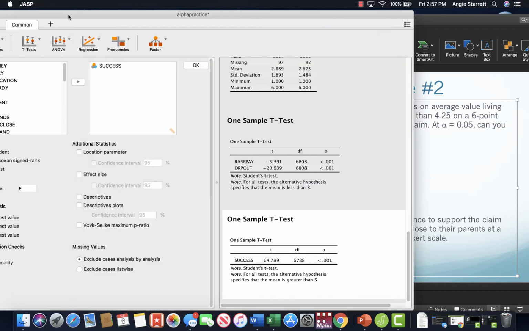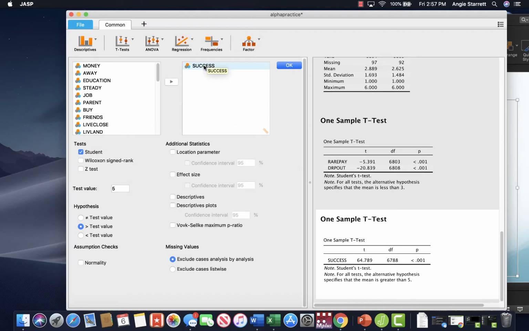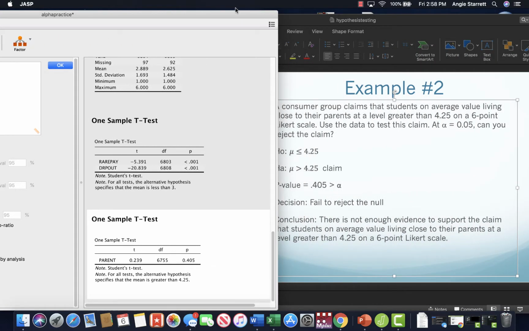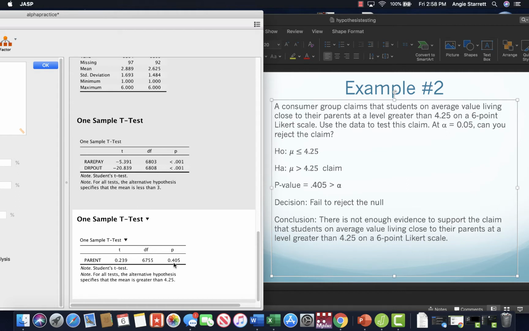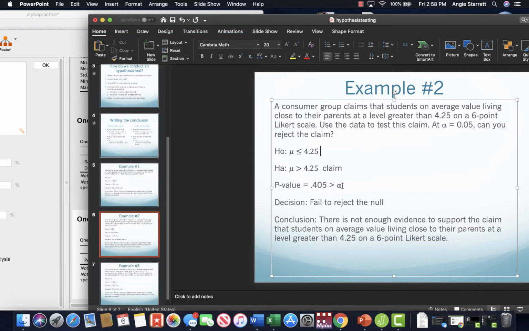So we go over to JASP, and we take success away. Now we're interested in the parents, and so we move them over. Our test value now is 4.25. We're still interested in greater than. And what we see is a p-value of 0.405. 0.405 is definitely greater than 0.05.